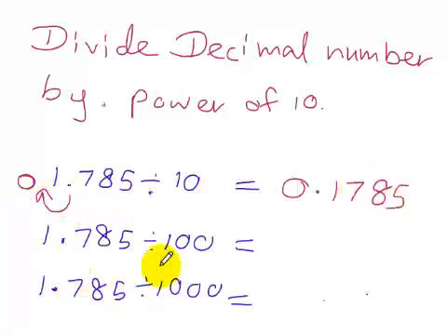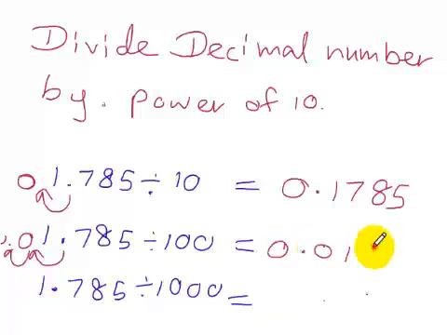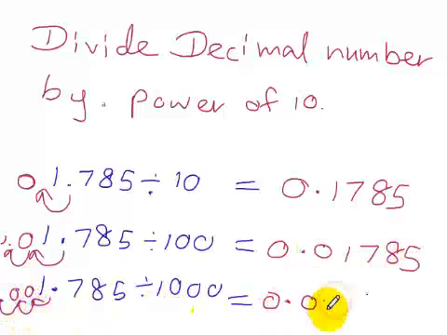If I divide this value by 100, there are two zeros, so the decimal point shifts two places. If I put 0 here, then it is 0.01785. Here three zeros, so the decimal point should shift three decimal places. 1, 2, 3. 0.001785.